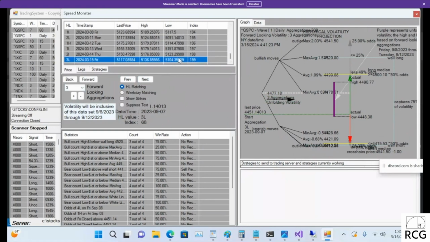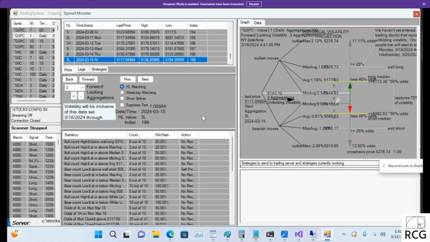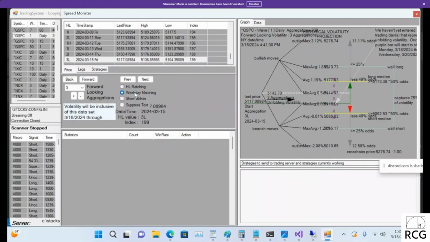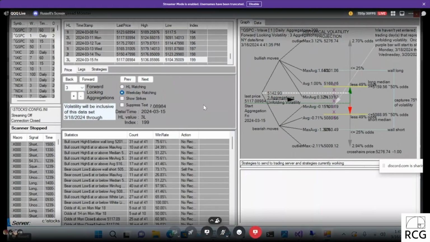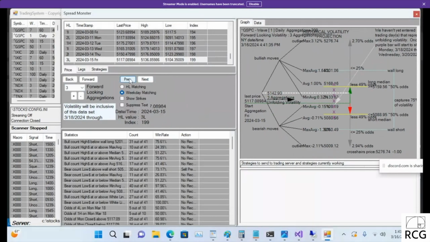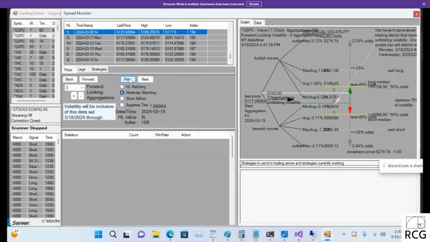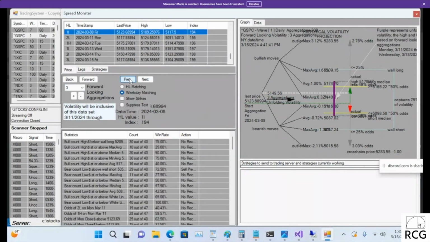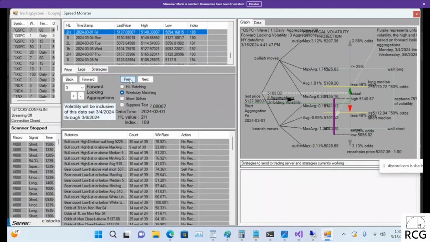All right. So if I want to look at just pure weekdays, here's Friday. If I want to look at the previous Friday for the next 3 days, I see that. I go to the next Friday.